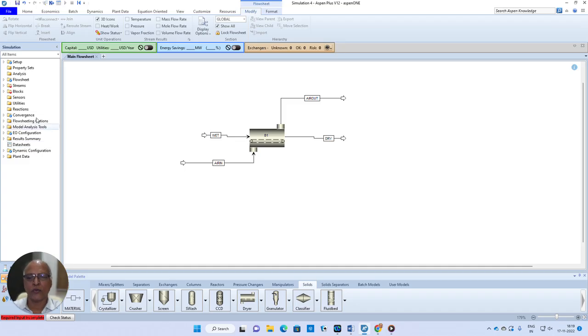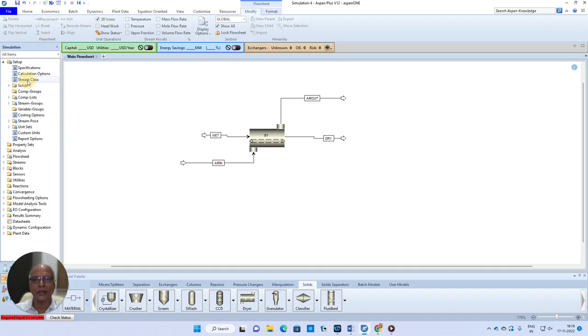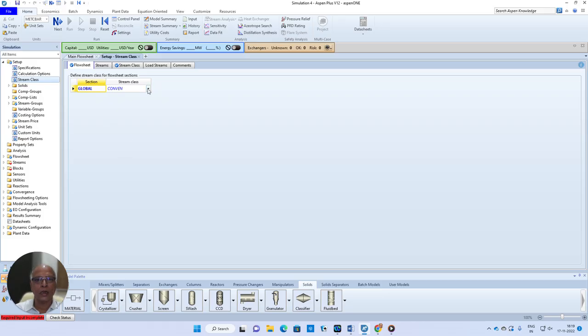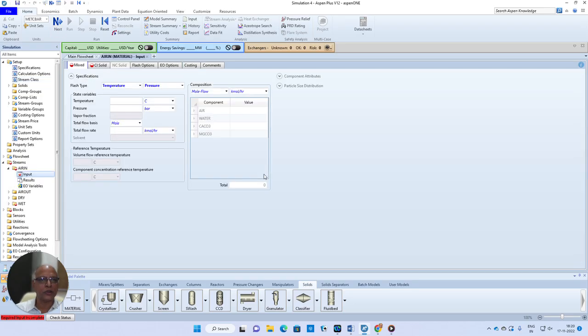Now, because we have some solids, let us go to the stream class. You can select mixed streams, CI solid streams. Okay, I have selected this stream class. Go to the next input step. This is with respect to air in. It is at 200 degrees centigrade. Let us assume 1 bar.